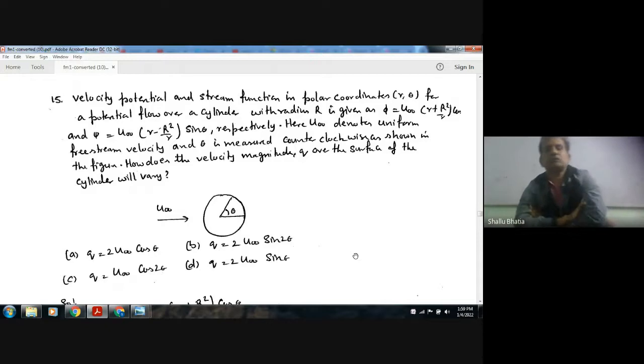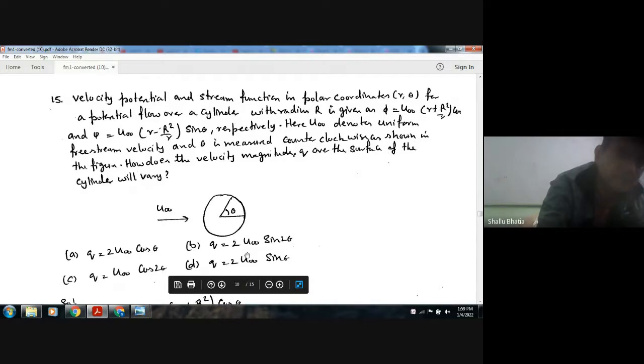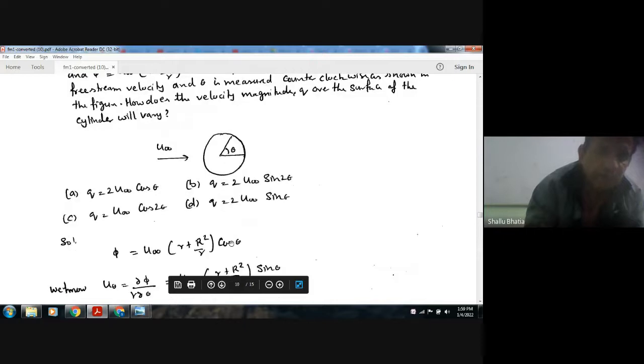This question has been asked, and this formula has been used in previous papers so many times. So you should remember that the velocity variation along the cylinder is just 2U∞ sin θ. Now we are deriving it.